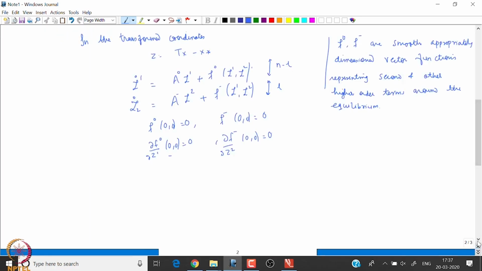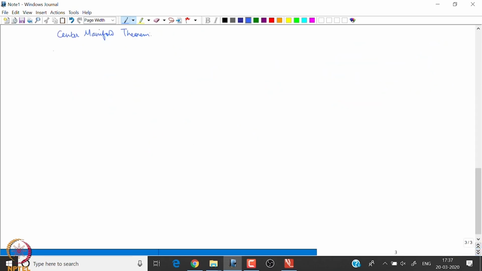So let me call this some equation, say 2. Okay, we start with 2. Around the equilibrium point z equal to 0 of an autonomous system x dot equal to f(x) in the original coordinates.